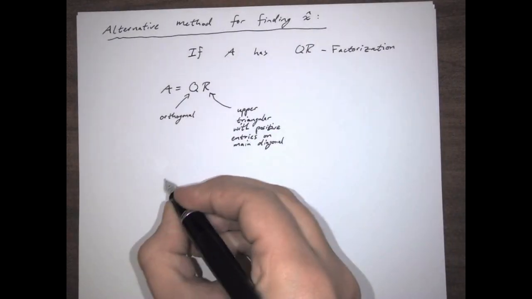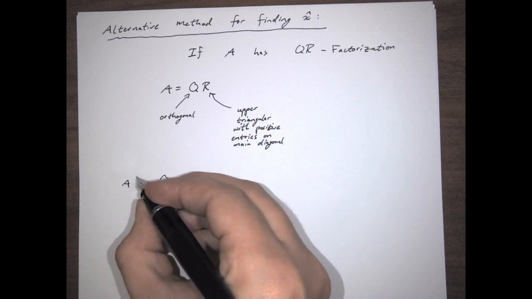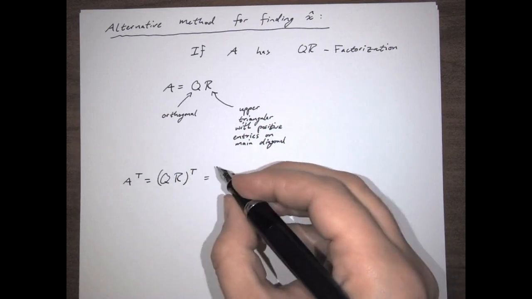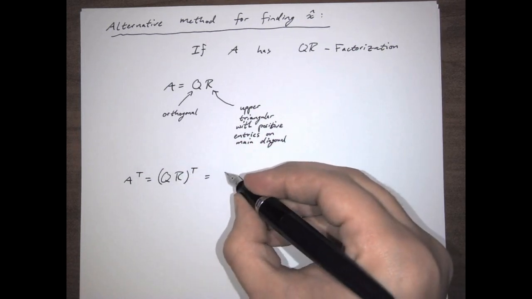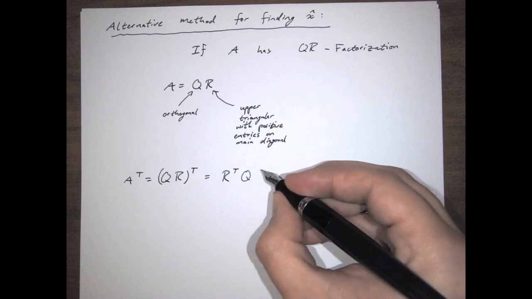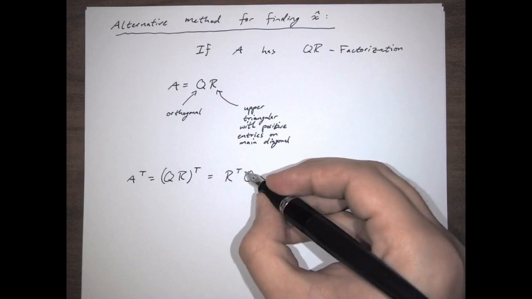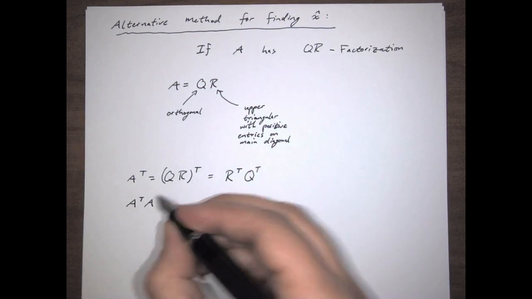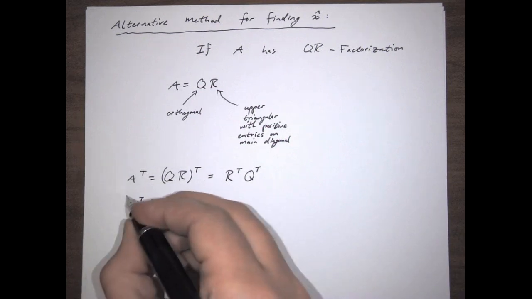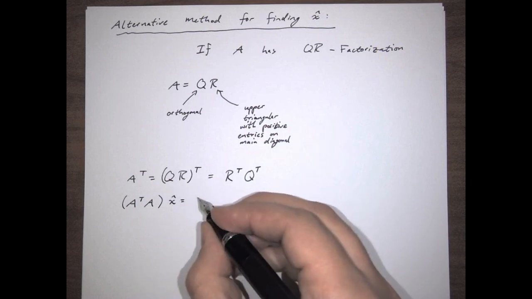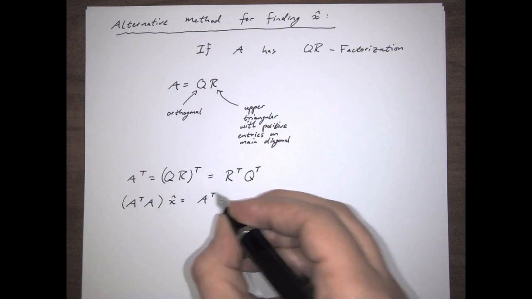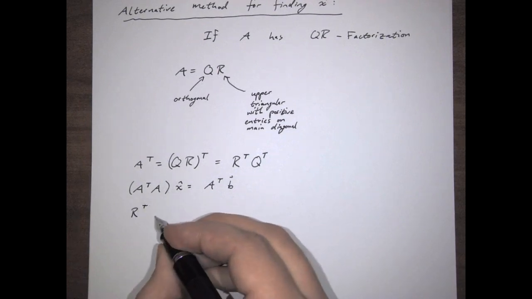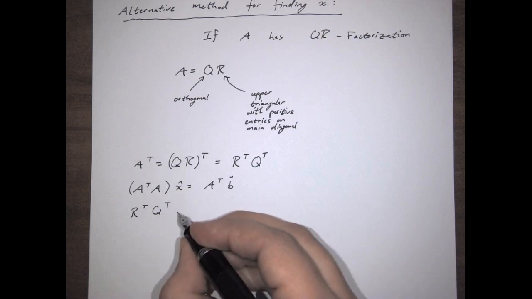Then A transpose is equal to (QR) transpose, but the transpose of a product of two matrices is the same as the matrices in reverse order transposed, which means then that A transpose A times x hat is equal to A transpose times B.